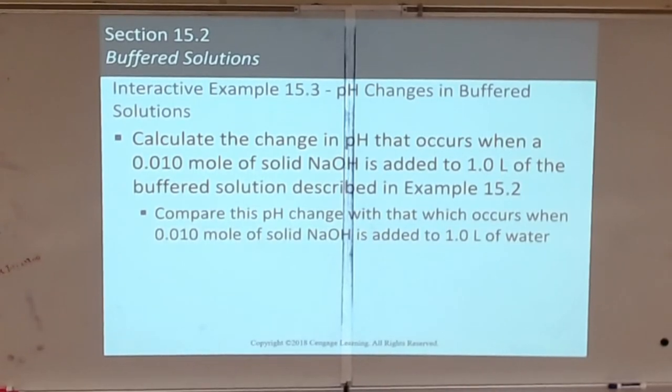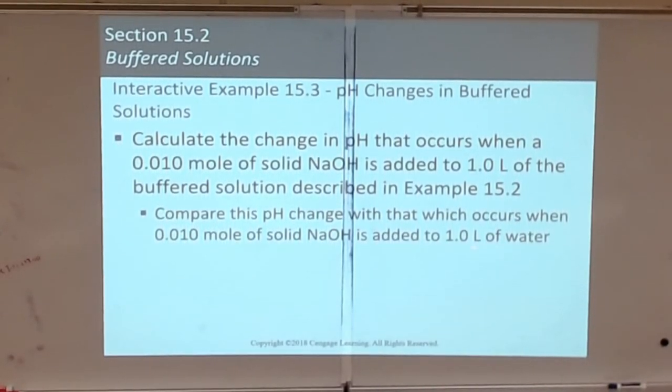To make our life easy, because 0.01 mole over 1 liter is 0.01 molar, right? I want you to go ahead and calculate that and then compare this change to that which occurs when I add this to water.